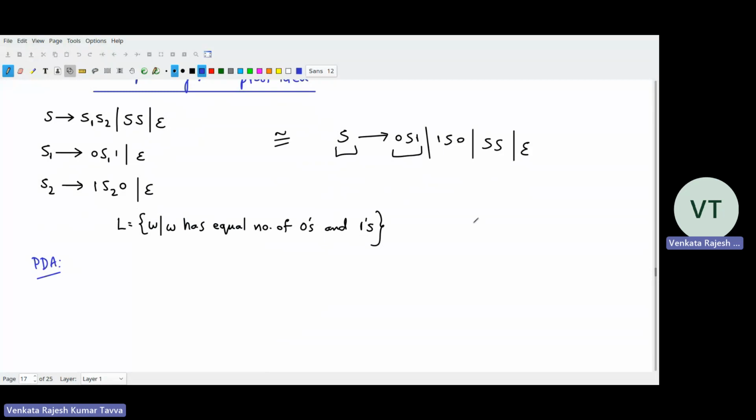Okay, suppose you are not given this grammar. You are just given the language. Now I want a PDA from the language so that I can convert this PDA to this grammar. PDA has only one stack.